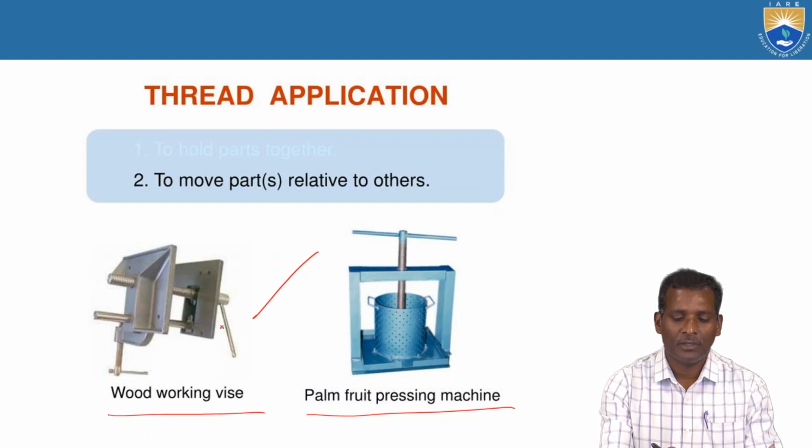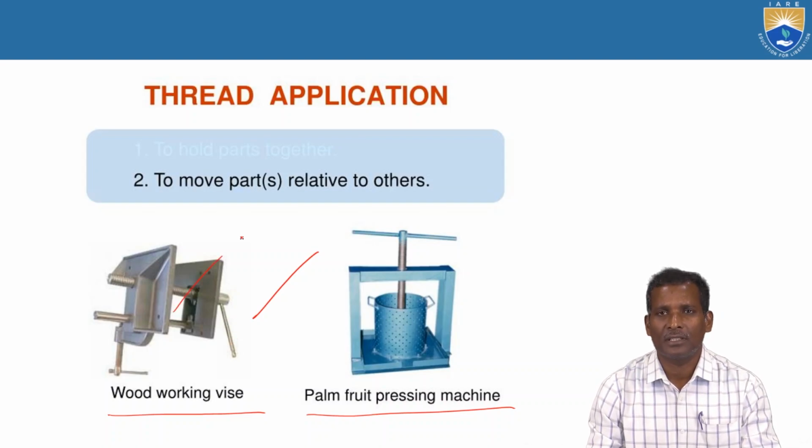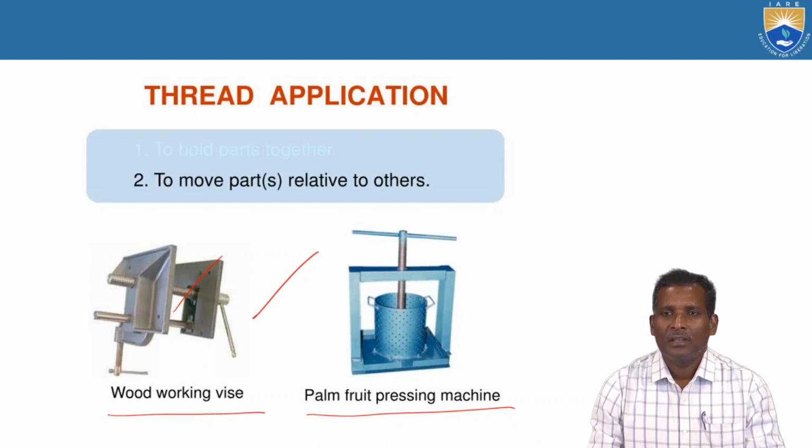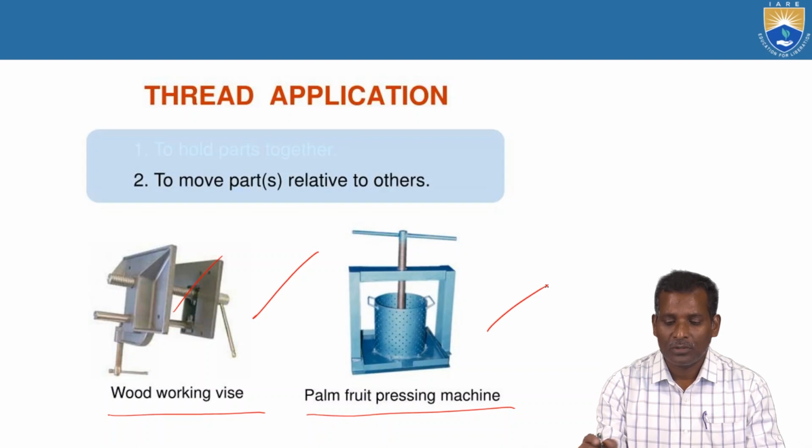Whenever you want tightening or loosening, with the help of this thread application you can perform it very easily. In the fruit pressing machine also, it is the same application: you can rotate this lever with the help of threading.